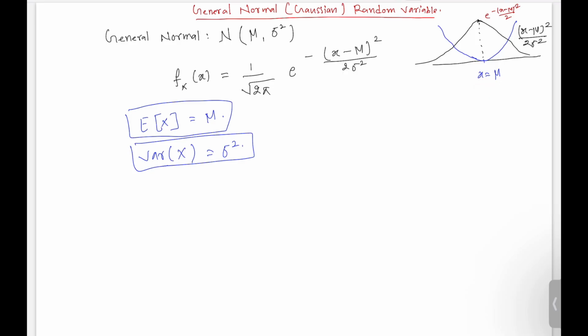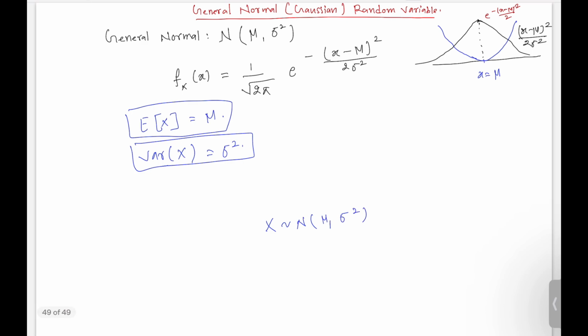Okay, now let's look at one more important thing about this normal random variable. Let's say we have our normal random variable X, which has mean mu and variance sigma square.